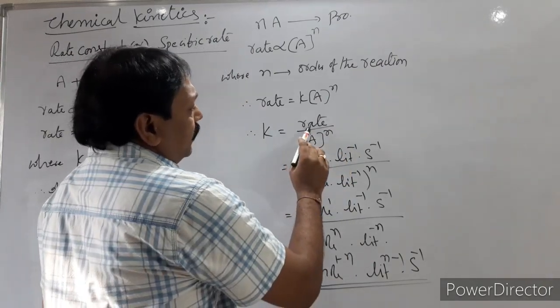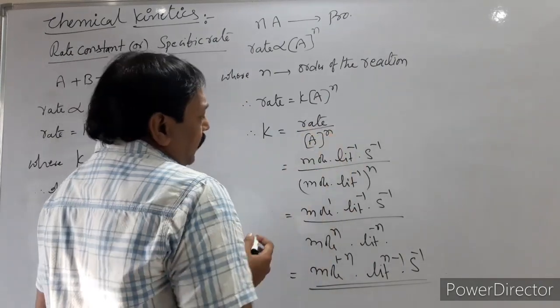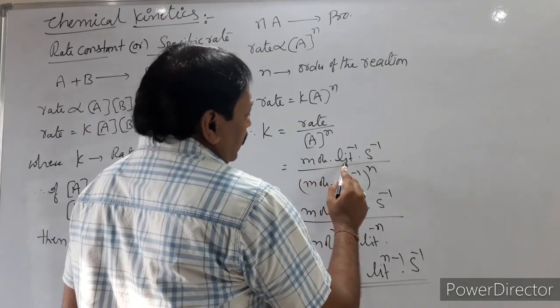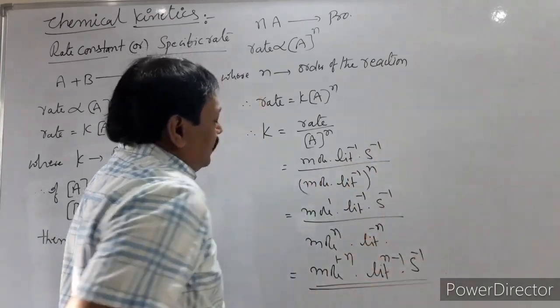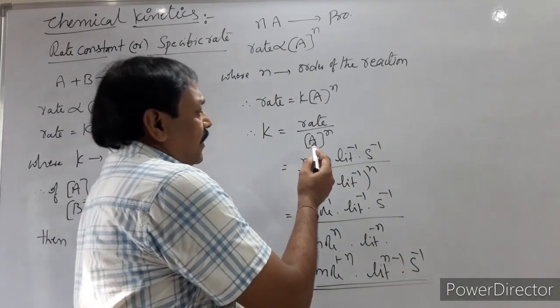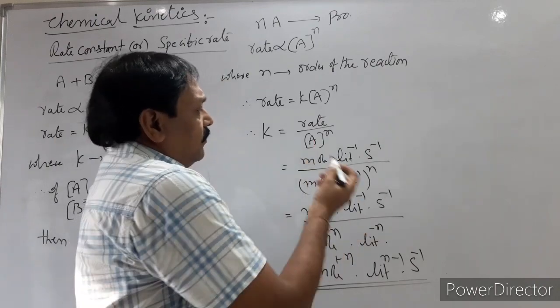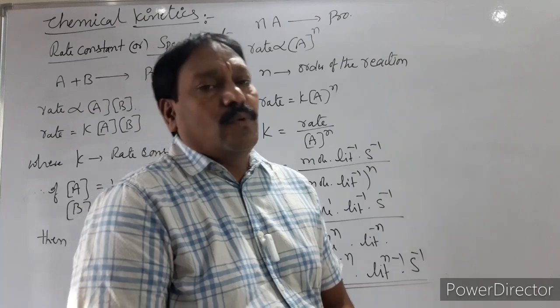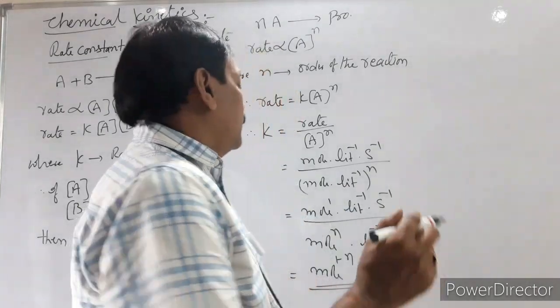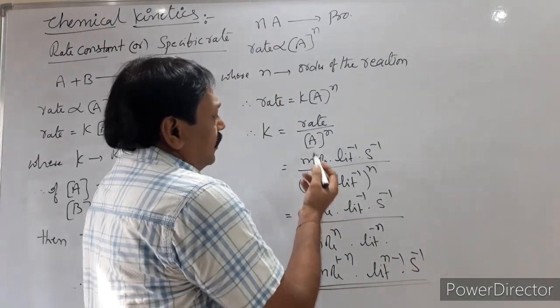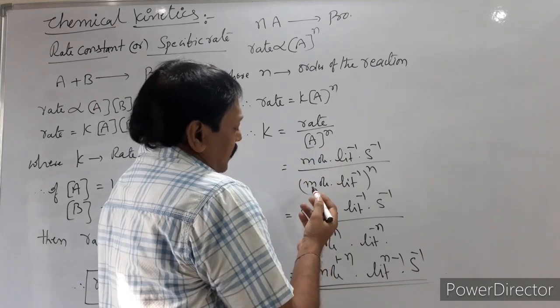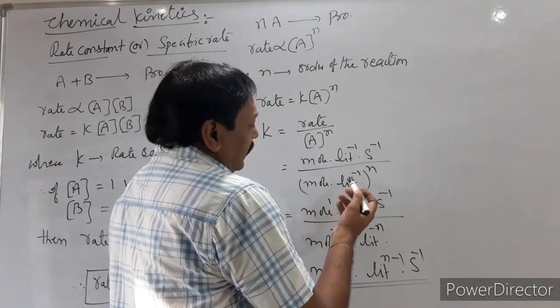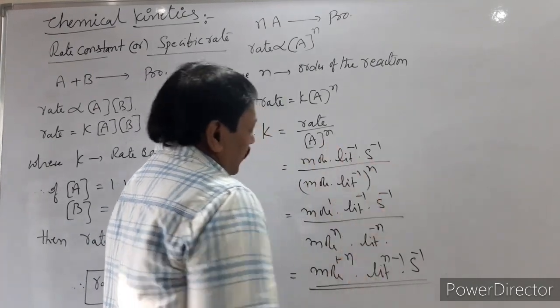What are the units of rate? The units of rate are moles liter inverse second inverse. What are the units for concentration? We know very well the units of concentration: moles per liter, that is moles liter inverse. Therefore, we substitute the units of concentration, moles liter inverse power n.